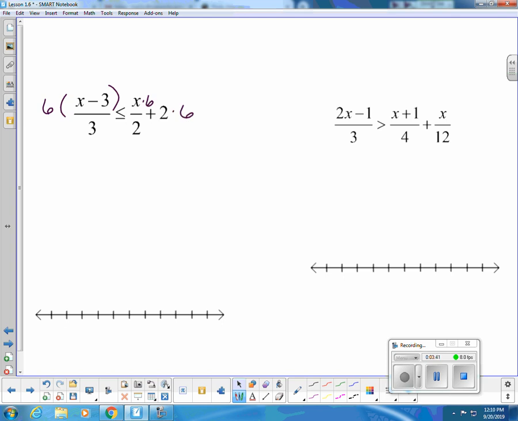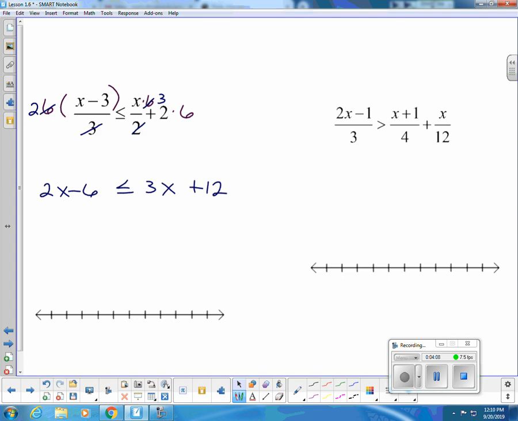Okay? And what that allows us to do is the denominator should divide into that and get rid of the fraction. This 2 will divide into 6 and become a 3. So that's going to be 3x. There's nothing to divide out here in this last term, so you just multiply by 6.